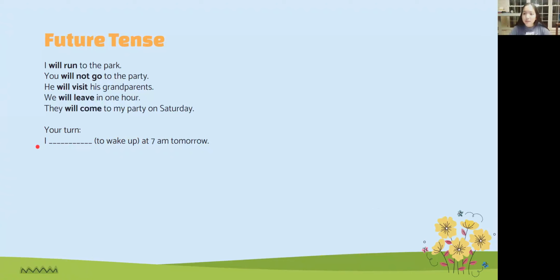So I'll do the first one and then you do the next one. Okay? So for this one, I would say I will wake up at 7 a.m. tomorrow. So you use will and then you add the verb, which is wake up. So I will wake up at 7 a.m. tomorrow. So Nana, can you do the second one?